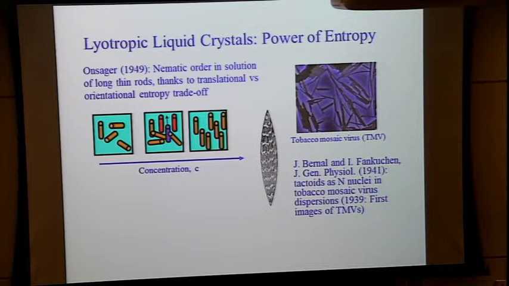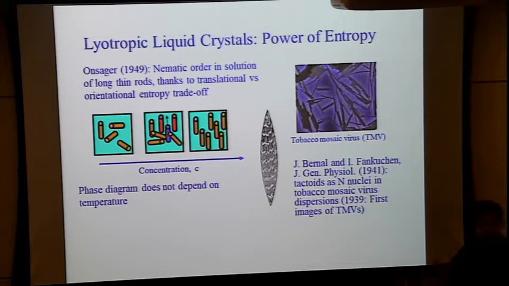They couldn't see each and every individual rod-like tobacco mosaic virus because they were still too small for the instrumentation in 1941, but they correctly assumed that it must be the orientational order, and maybe some smecticity, as you might see here in the original picture, that is aligned along the long axis of the tactoid.